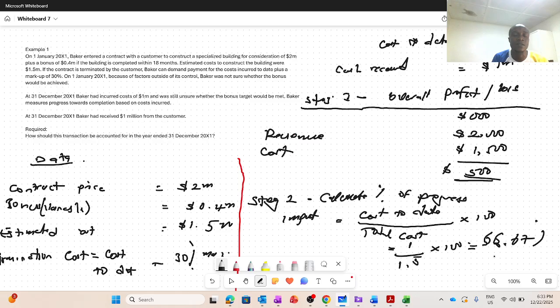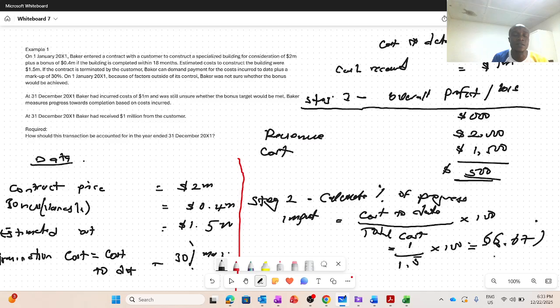Now for the statement of financial position, it's simple. We need to look at the revenue to date, which is 1,333.